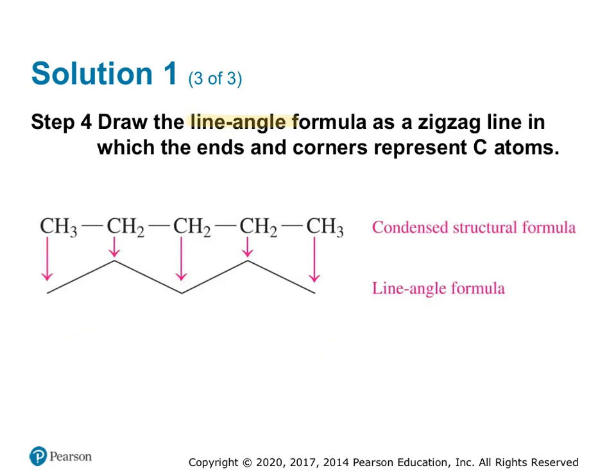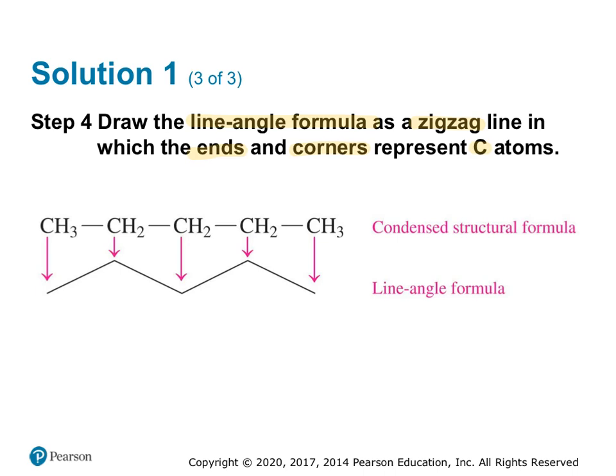The line angle formula is a super condensed version of the alkane, and we draw a zigzag line, and the end of the line and every corner of the zigzag represents a carbon atom. So we don't write any letters, we don't write any carbons, we don't write any hydrogens.